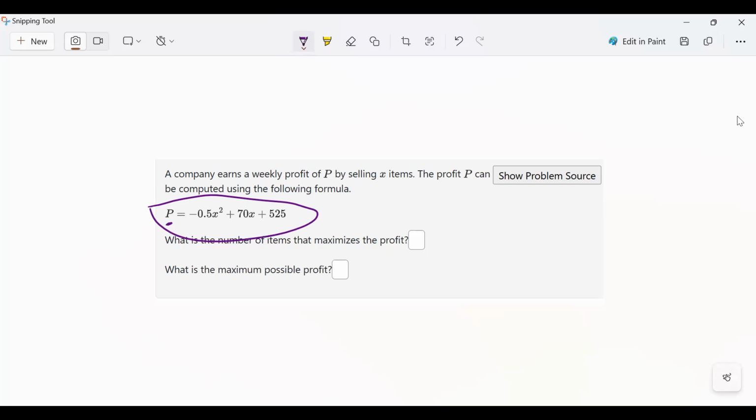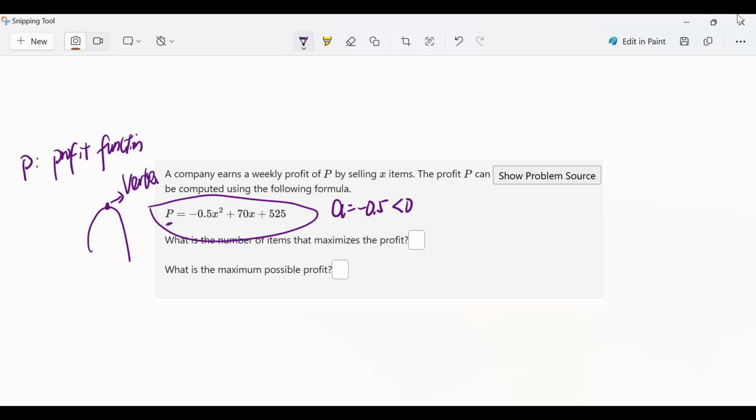Here P represents the profit function. Right? P is the profit function. And we know here the leading coefficient a is negative 0.5, which is less than 0, and this parabola is concave downward. That means the maximum profit is at the vertex. So the vertex is the maximum profit they are looking for, right? For any company, they have the same issue.